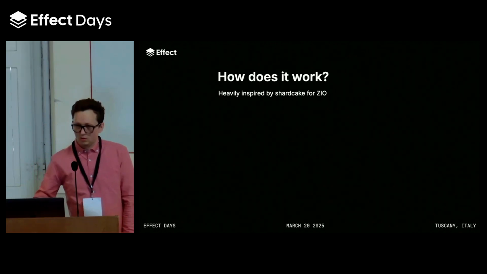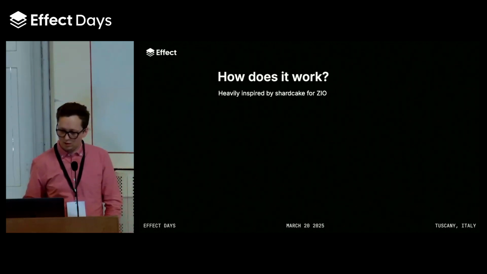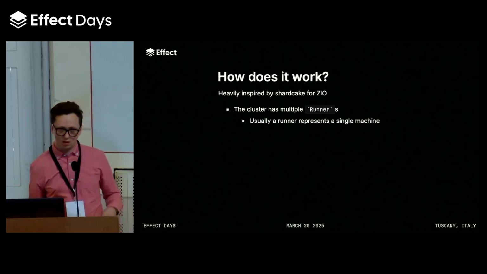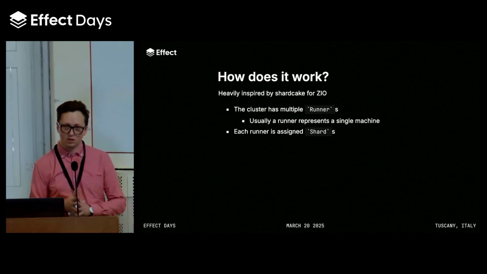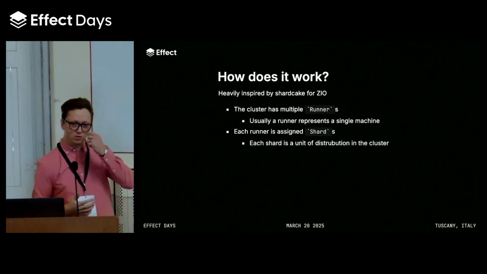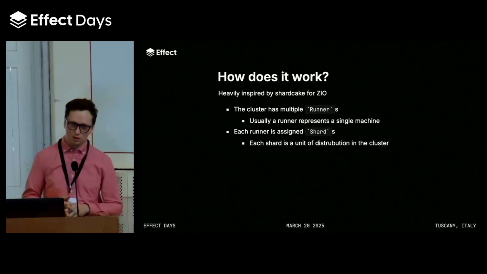So I'll quickly cover how it works. It's heavily inspired by Shardcake, which is a Scala library for ZIO. A cluster has multiple runners, and you can think of each like a single machine in your cluster. Each runner is assigned shards, and a shard is a unit of distribution in the cluster.